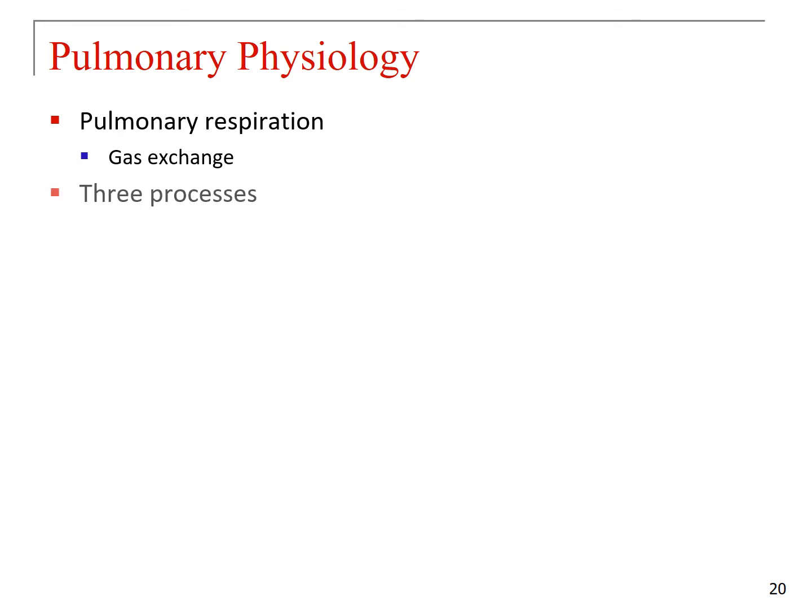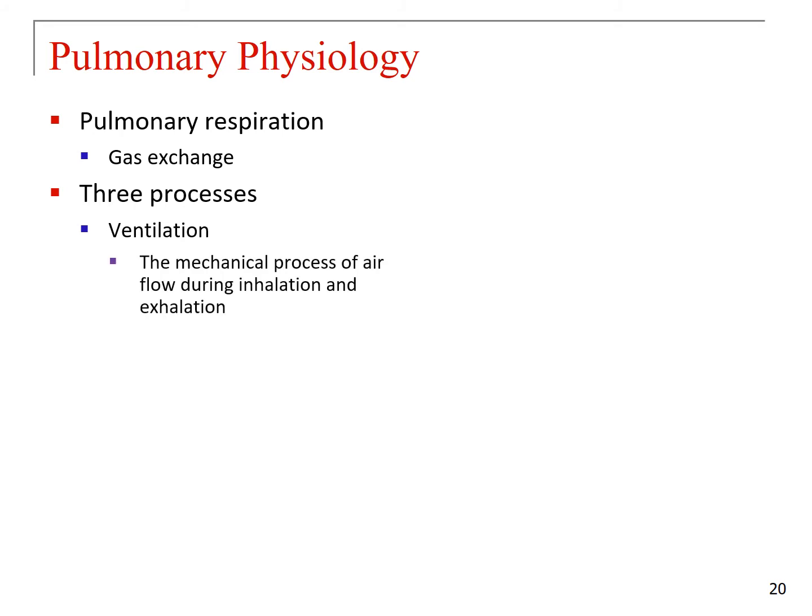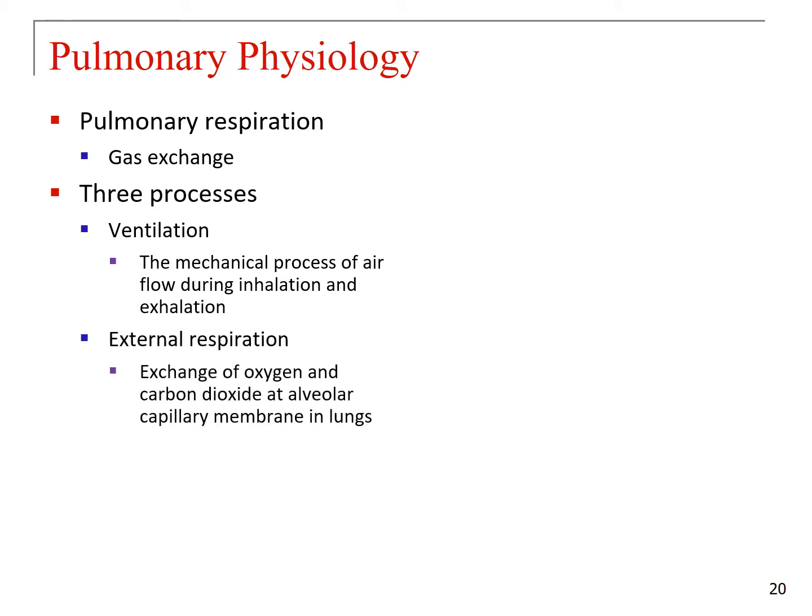Okay, now we're going to get into pulmonary physiology. Pulmonary respiration involves gas exchange, and there are three processes in gas exchange. One is ventilation, which is the process of getting air in and out of the lungs, so airflow during inhalation and exhalation. The second is external respiration, where you have exchange of oxygen and CO2 at the alveoli in the lungs.